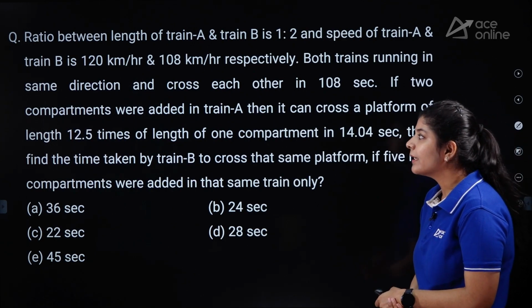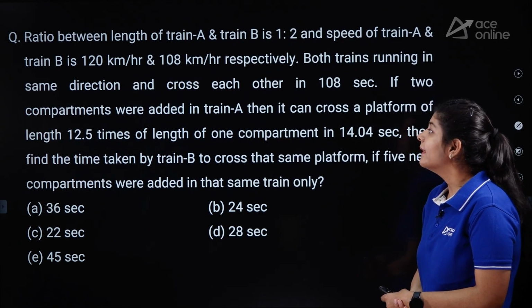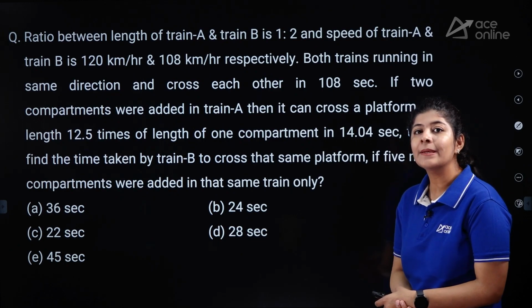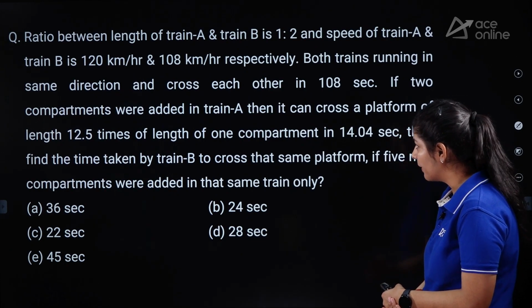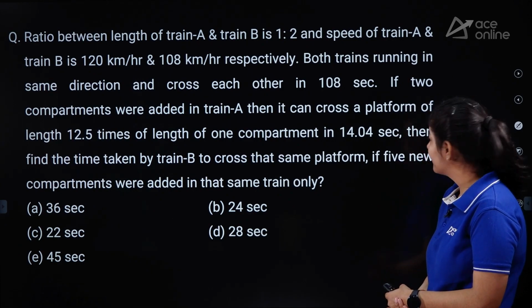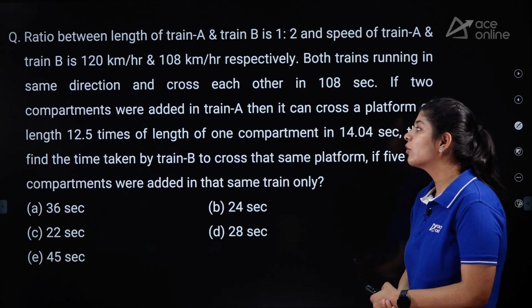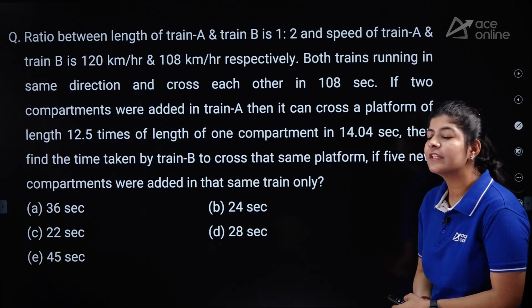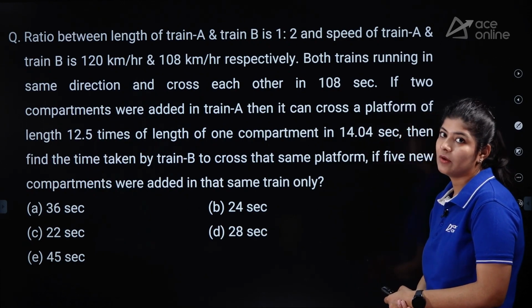If two compartments were added to train A, then it can cross a platform of length 12.5 times the length of a compartment in 14.04 seconds. Then find the time taken by train B to cross that same platform if 5 new compartments were added to that same train only.